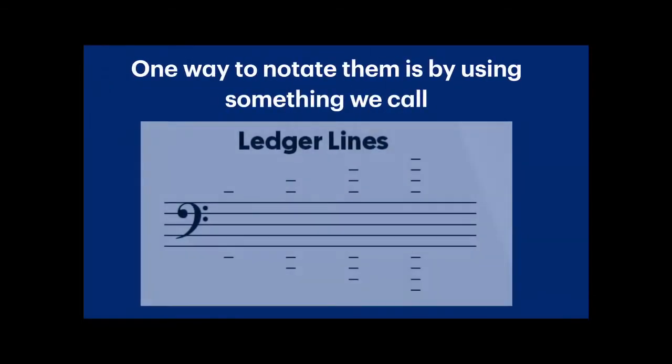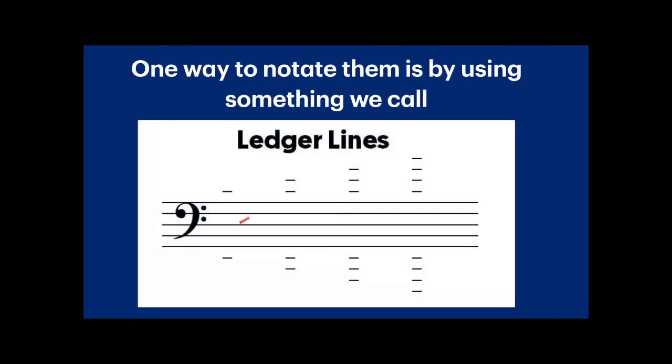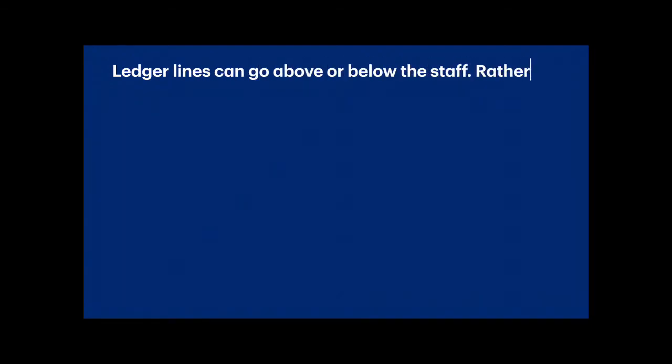One way to notate them is by using something we call ledger lines. Ledger lines can go above or below the staff.